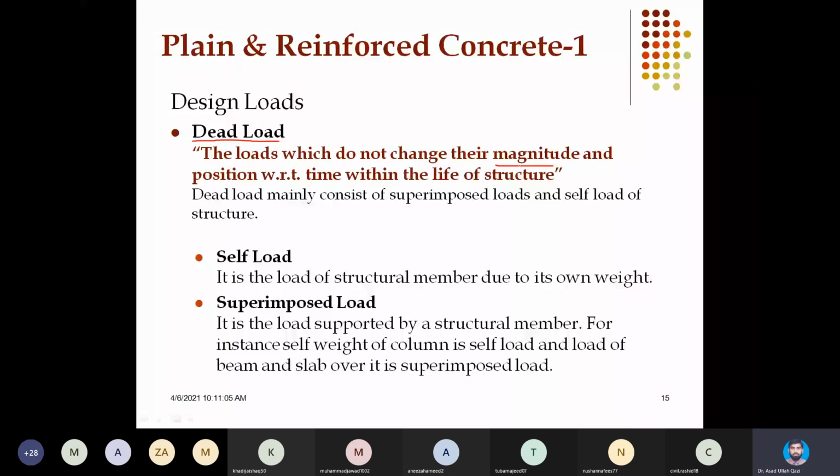life of structure. And dead loads mainly consist of not only the self weight of the reinforced concrete, but also the superimposed loads on such members. So the self weight can be easily calculated if you know the density of the material.